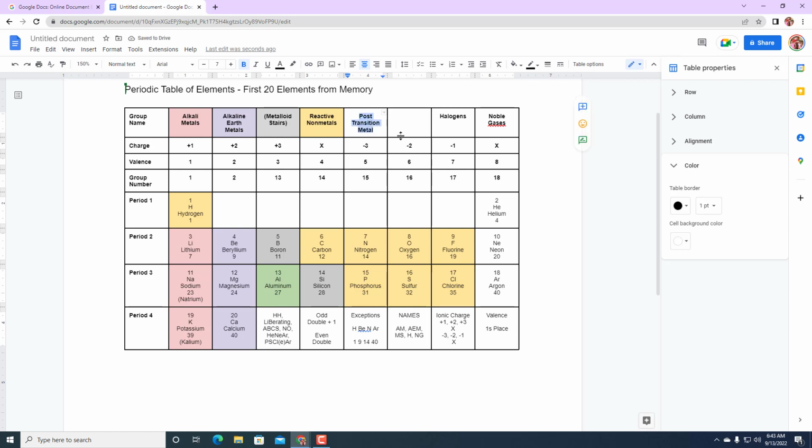Okay, and maybe what I can do is move these around a little bit to make it so that they match up a little bit better with where they lie. So here we go. What I might do is take the reactive nonmetals label and move it over here where oxygen is.